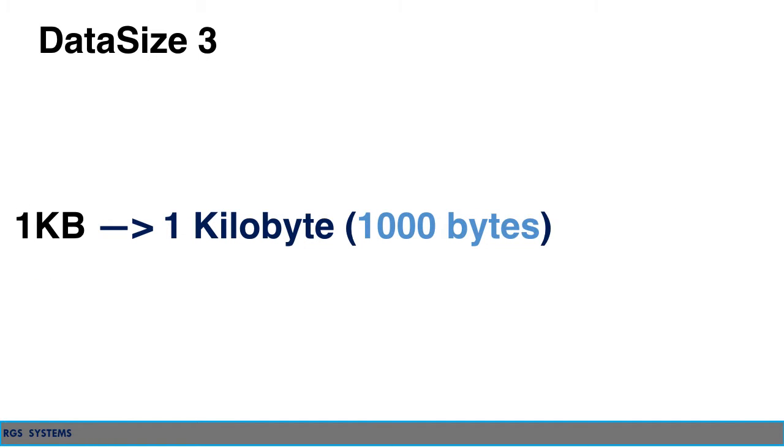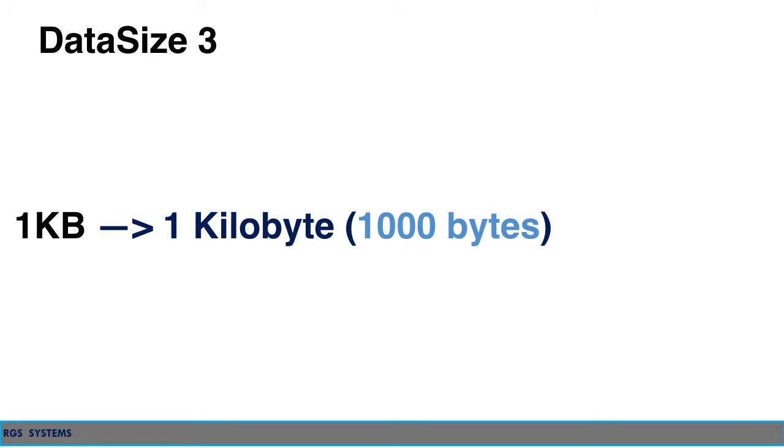The next one is data size 3, 1 kilobyte. 1 kilobyte is 1000 bytes. We just saw that in 1 byte you can store just one character. So this is equivalent to typing a short email or writing a couple of statements in a text file and storing that.